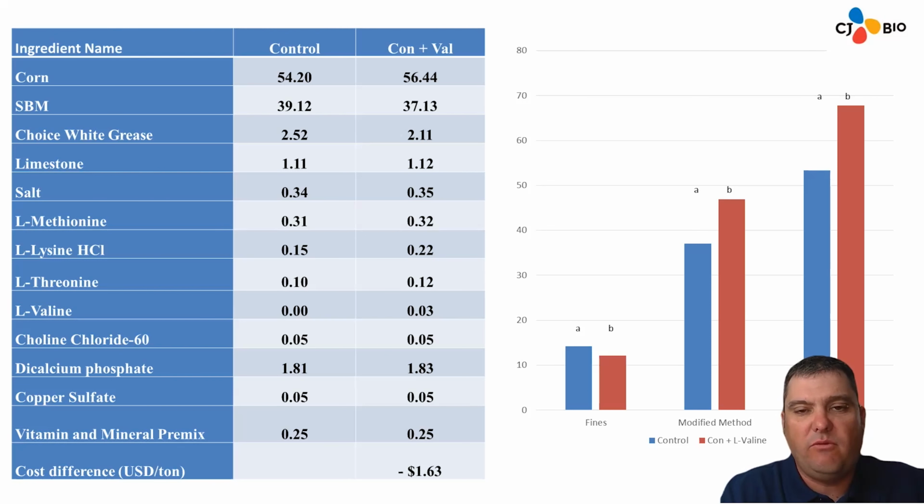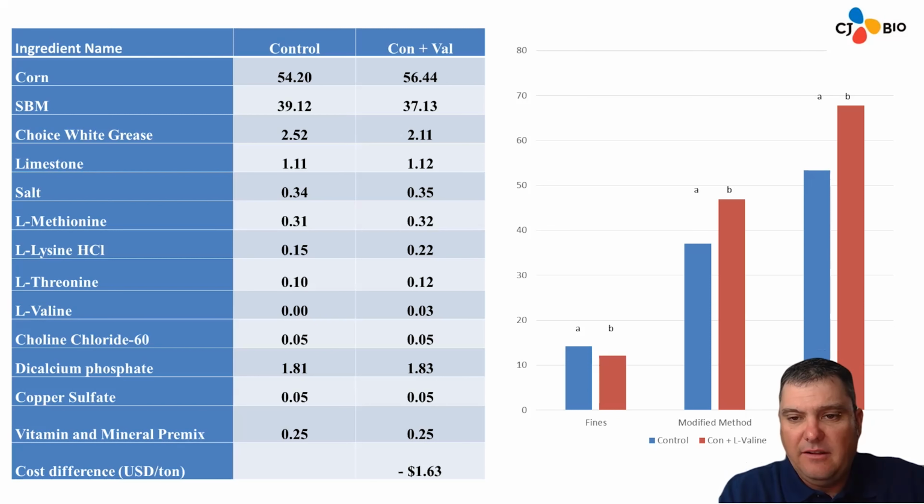So we see a 0.4% reduction in supplemental fat inclusion. In this experiment, all supplemental fat was added in the mixer, so this is a reduction in mixer-added fat by 0.4%. We also see that the inclusion of L-valine allowed for a reduction in dietary cost of $1.63 per ton.